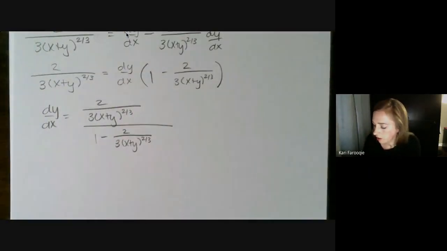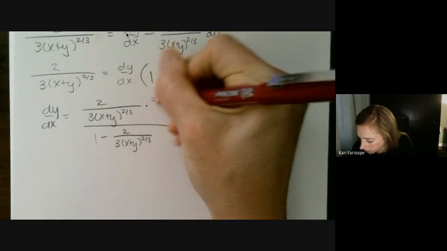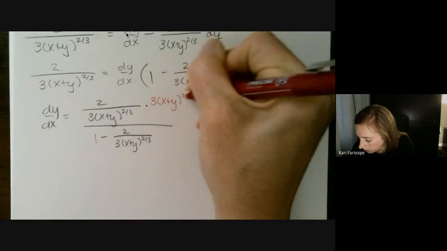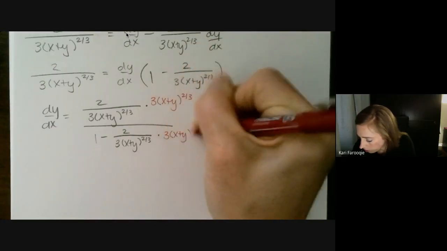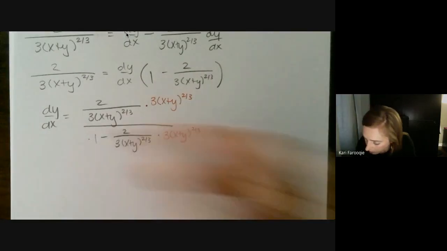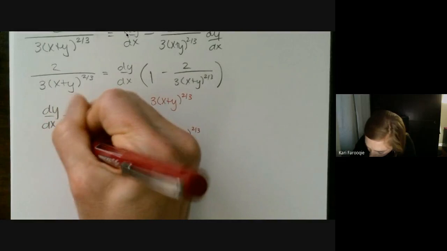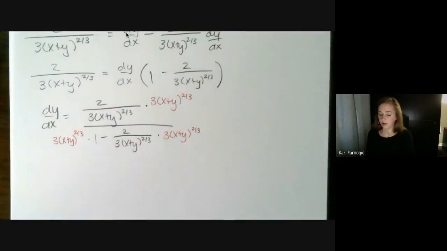So I'm going to multiply through by my LCD so I can get rid of the complex fraction. My LCD is 3 times x plus y to the 2/3. I'm going to multiply every term by that quantity. And since I'm just multiplying by a value over itself, I'm not actually changing the expression at all.